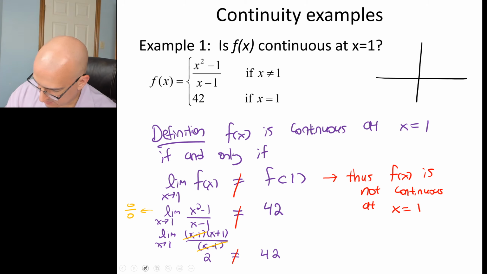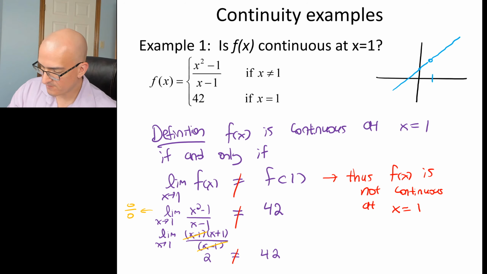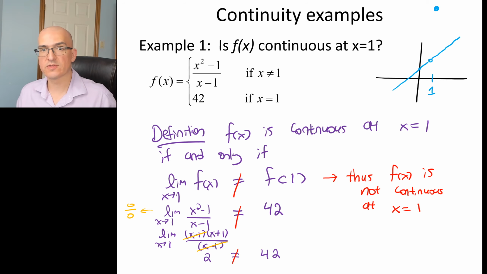When x is 0, y is equal to 1. So something like this. So a hole's been cut into the graph at x equals 1, and then it's been filled in up here at 42. So that's what this graph looks like.